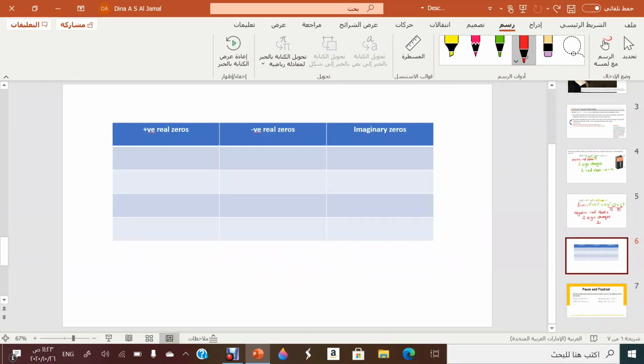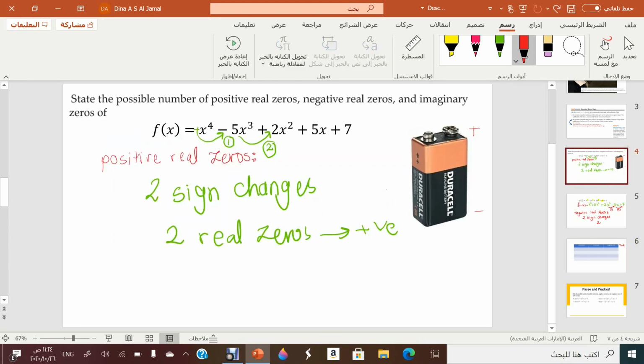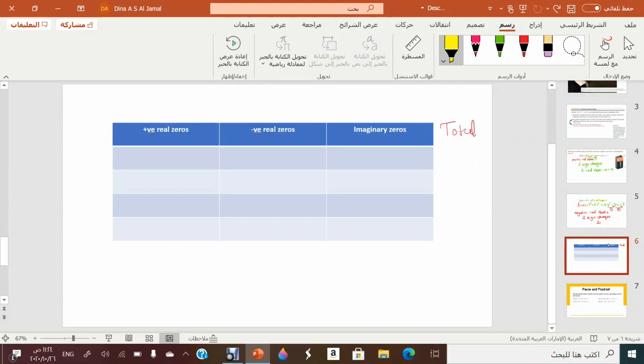As you know from Descartes' rule of signs, he is guessing until the total number of roots equals the degree. Now look at the degree. You have a degree of 4, so your total must be 4.